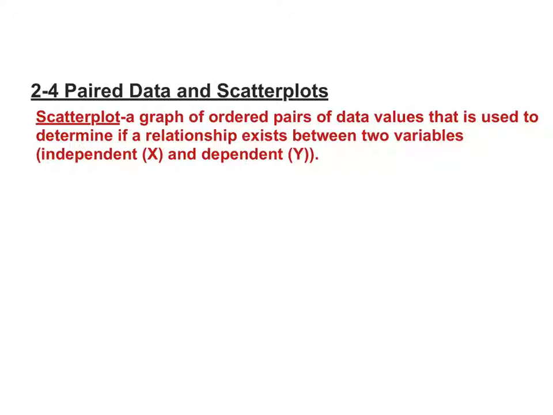Okay, we're trying to see if when we put those points on a grid, if there is a trend, if there is some type of relationship between whatever the x and y are. And as a little review, x is the independent variable, y is the dependent variable, y depends on x.